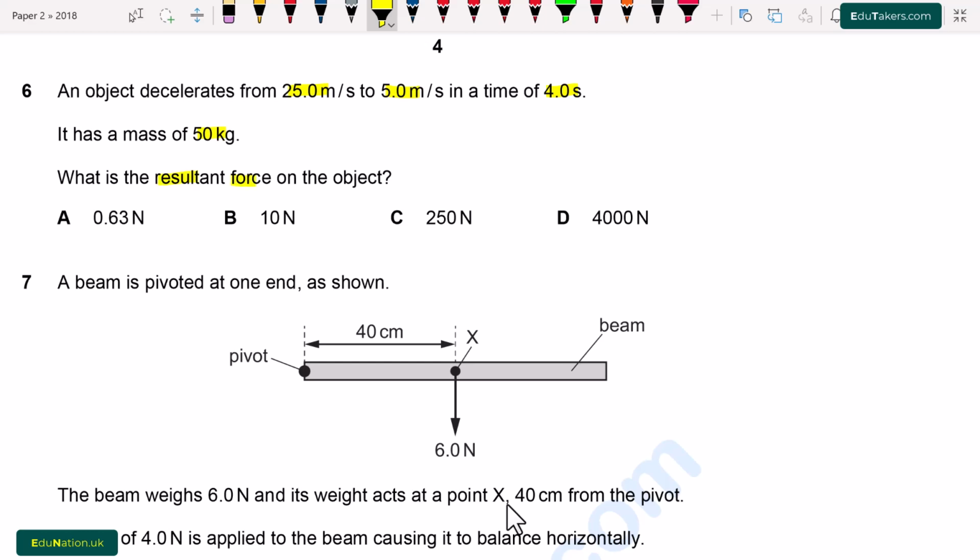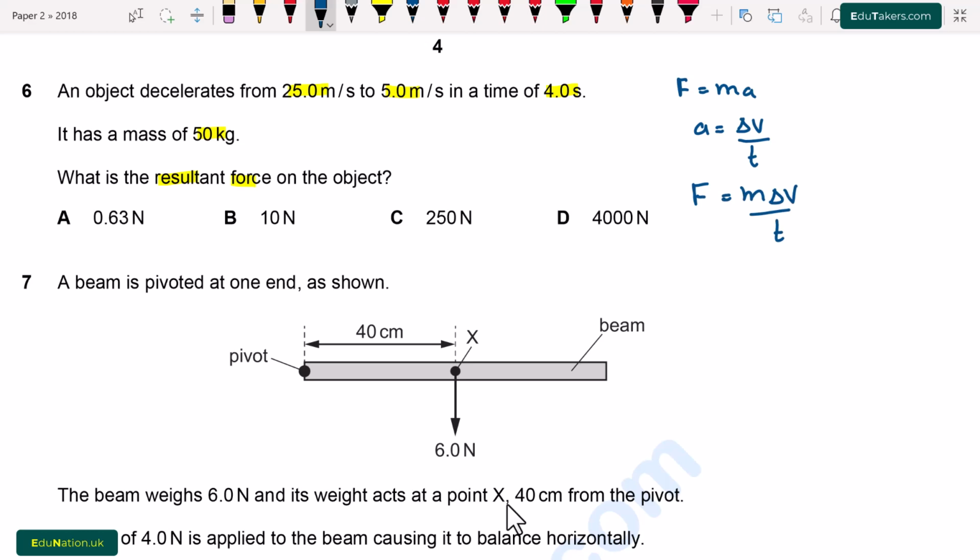Here we have to find out the resultant force. We know that according to Newton's second law of motion, F is equal to ma, and a is equal to delta v over t. So I write here F is equal to m delta v over t.